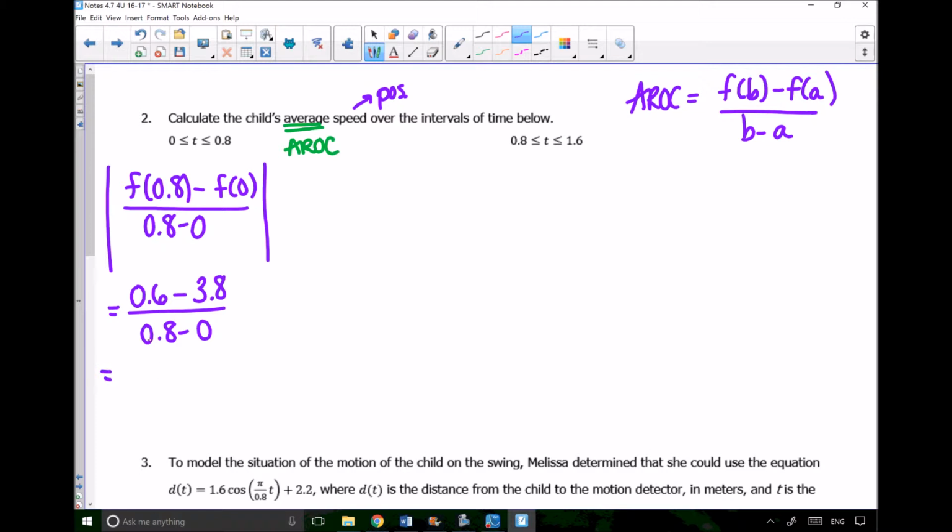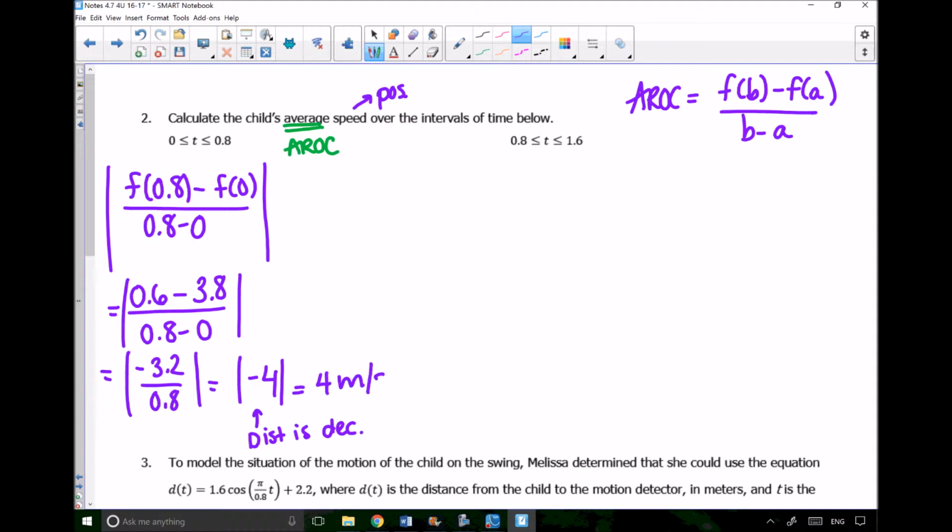So I end up getting negative 3.2 over 0.8, take the absolute value of that, I get 4. Well, what does this negative mean? It means that the distance is decreasing at a rate of 4 meters per second, but my speed is simply 4 meters per second. It's just going away as opposed to coming closer.